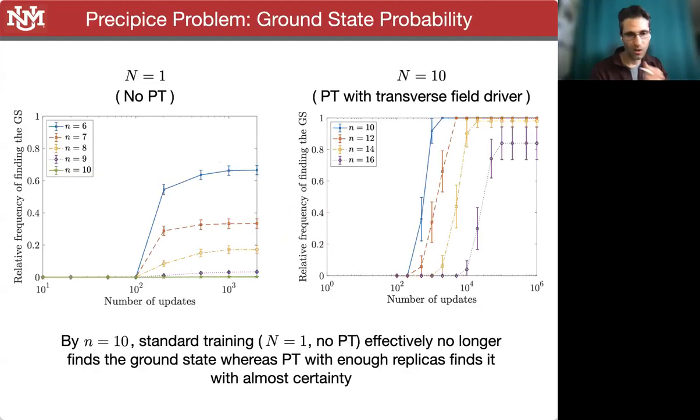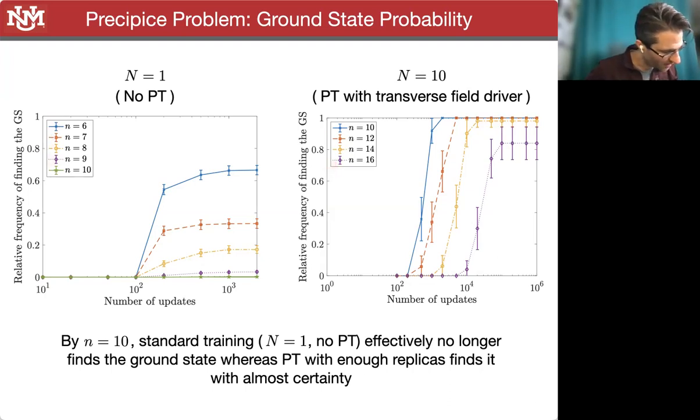So let's see how parallel tempering and not parallel tempering do on this problem. Here I plot the probability of finding the ground state as a function of the number of updates for the case with no parallel tempering and the case with parallel tempering. I want you to notice that the color coding on the two plots is different.